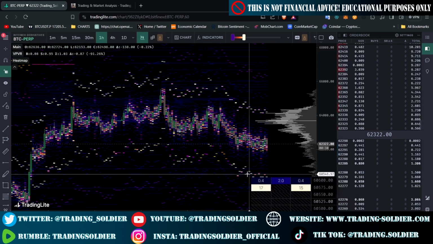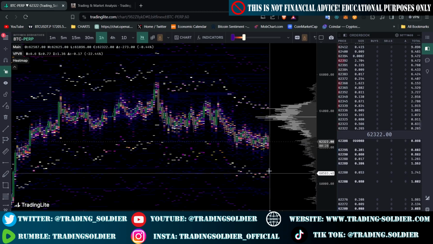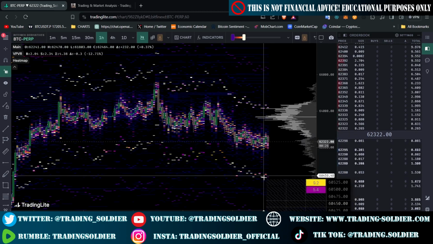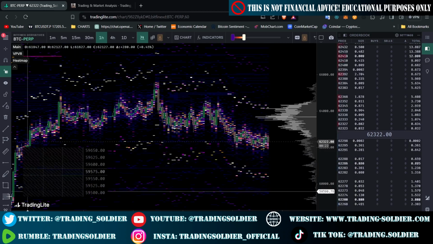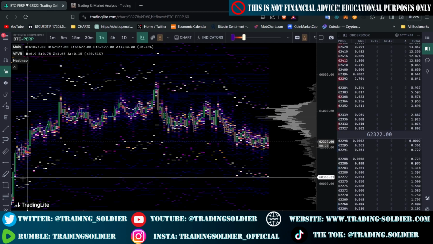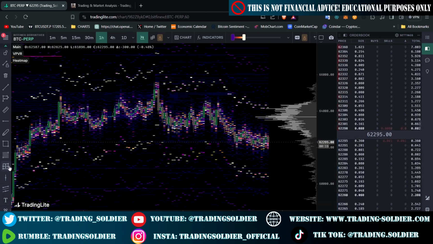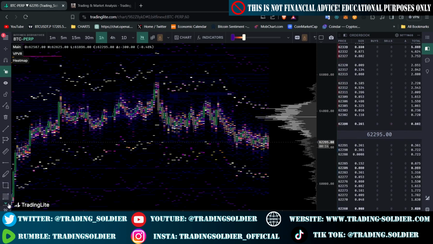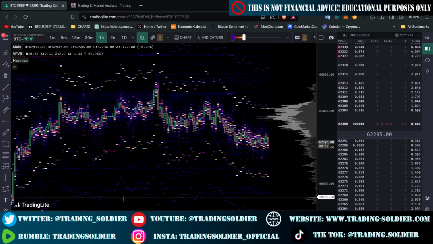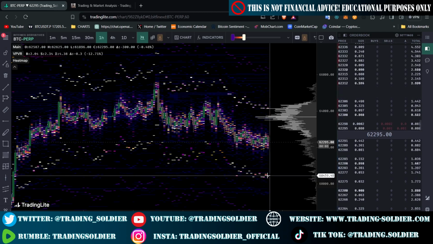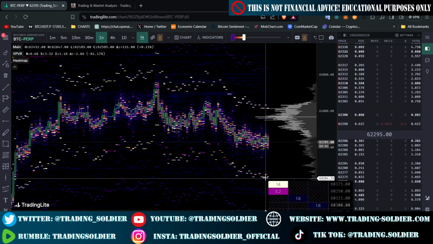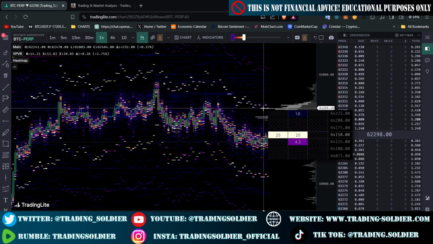So for example, if the price reaches this area, we'll have a lot of long liquidations, because obviously people are putting their long positions. Let me see if I can show you a long position here. Okay, I don't have the tool here, I think, but as I said before, here are a lot of buying orders, and here are a lot of selling orders.